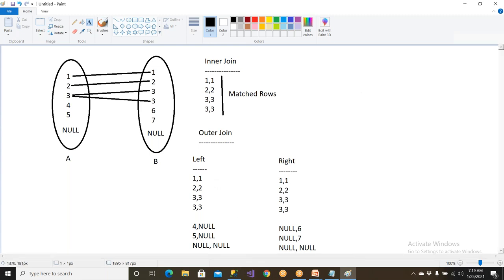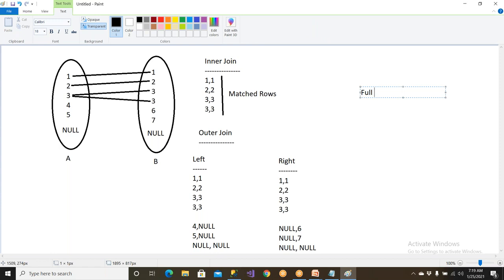Then we have full join. Full join means what? It will be matched data plus unmatched data from both tables. 1 comma 1, 2 comma 2, 3 comma 3, 3 comma 3. Then unmatched data: 4, 5, null. For 4, there is no matching data this side.